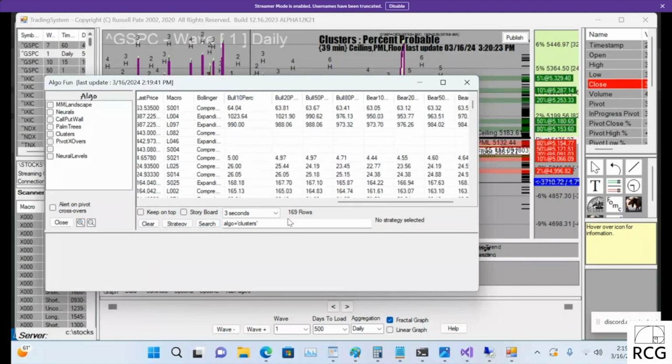Yeah, so we should be able to address it like that. And last price.